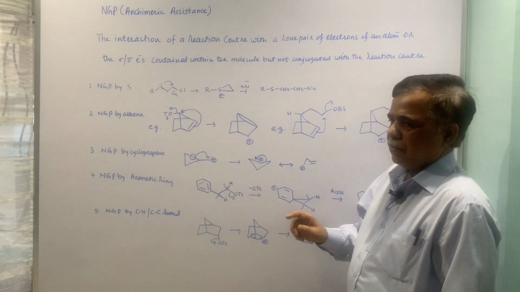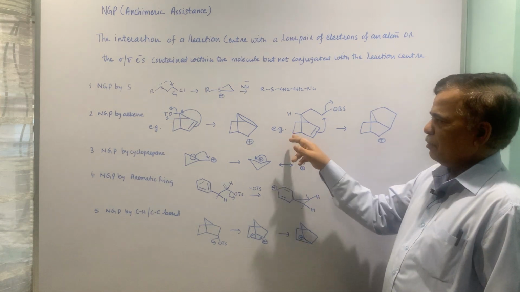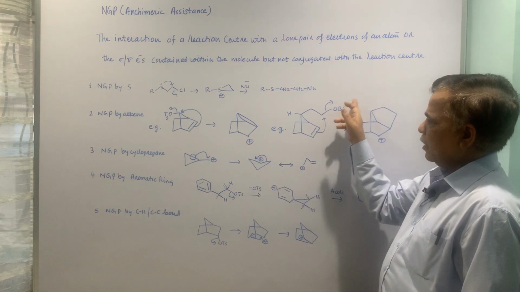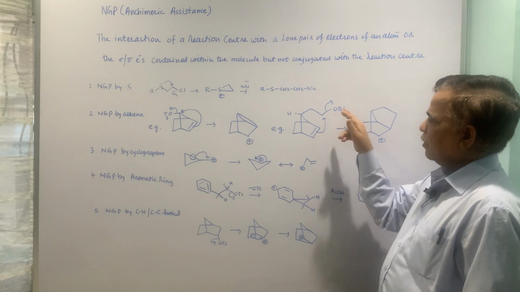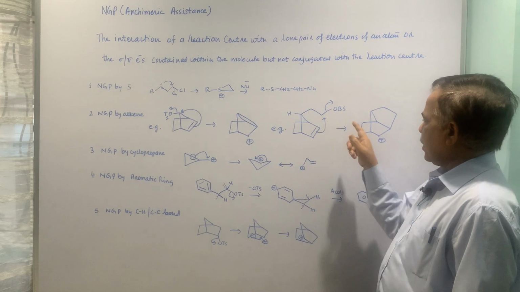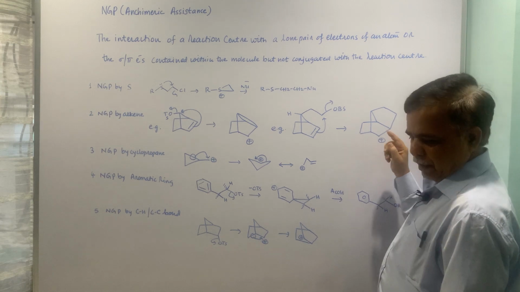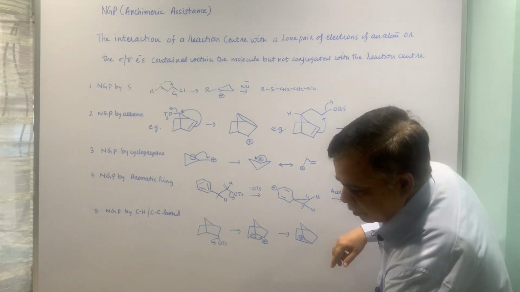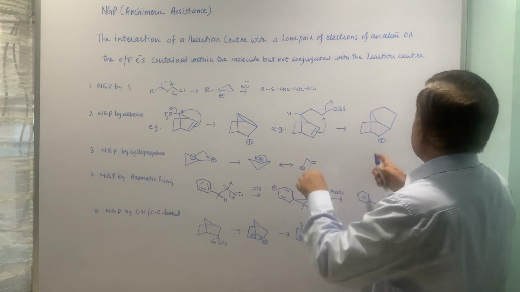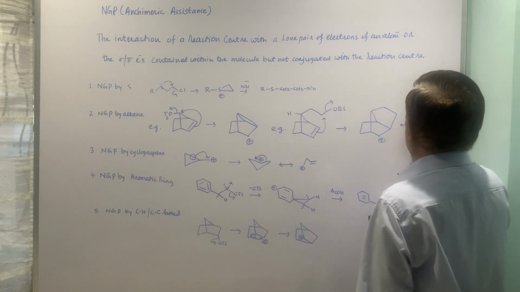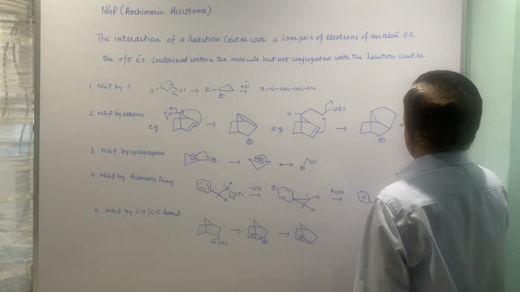and then positive charge is induced here. The second example from the same category: here the brosylate is going off and this pi bond participates, and you get this carbonium ion, which can resonate.